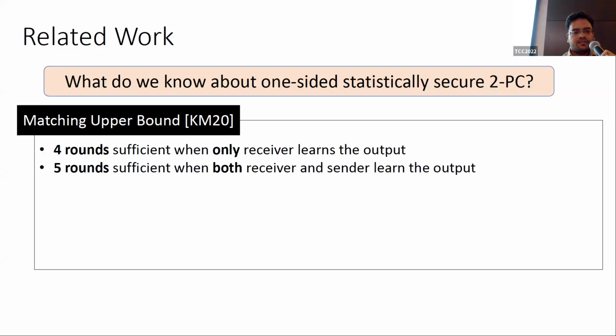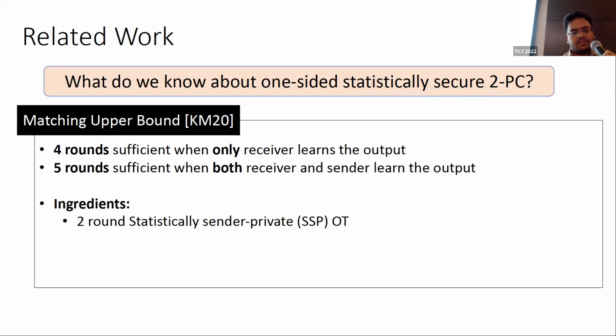So now let's see the results in one-sided statistically secure 2PC. What do we know about this? The KM20 paper obtained a protocol which is round optimal. They constructed this protocol from an ingredient called 2-round statistically sender private OT. This means that it's a 2-round OT protocol where the receiver is computationally bounded and the sender is computationally unbounded. Here one of the sender's messages is statistically hidden from a corrupt receiver, and the receiver's choice bit is computationally hidden from the sender.